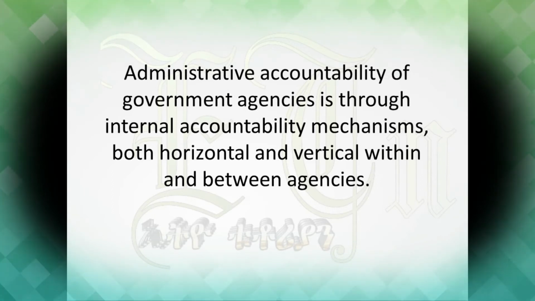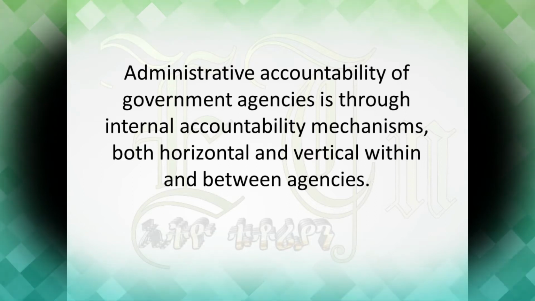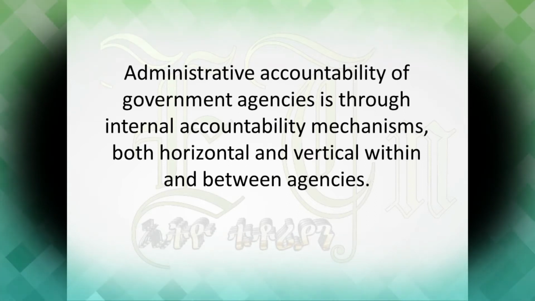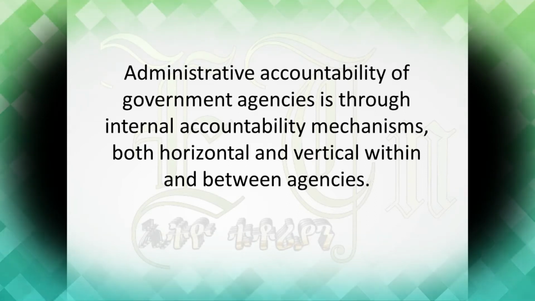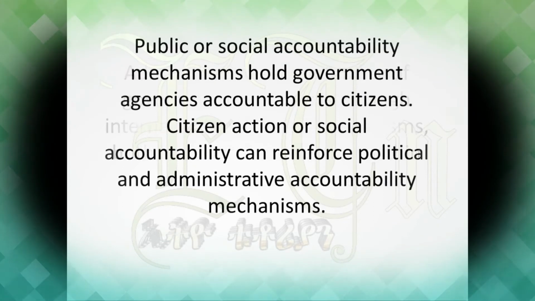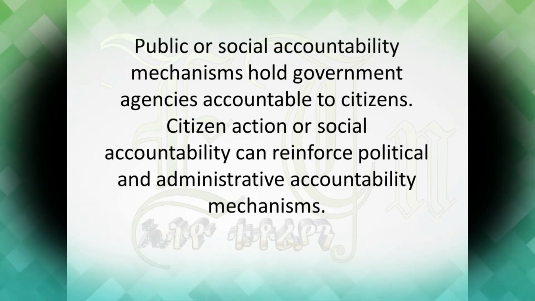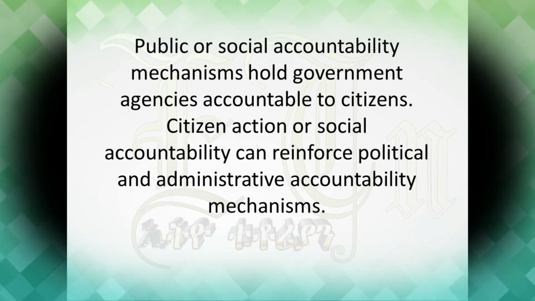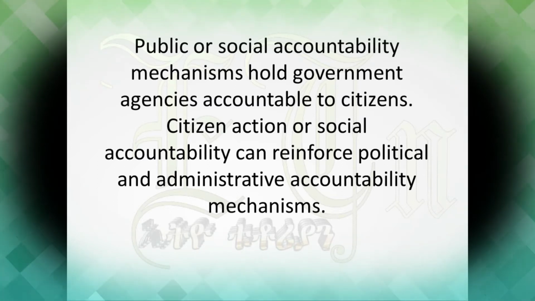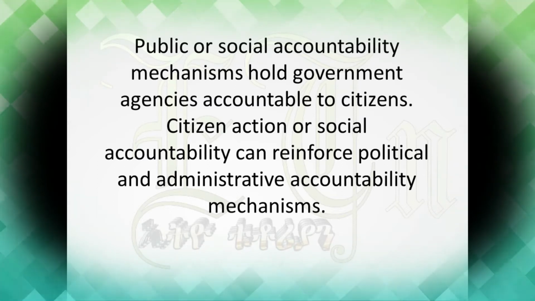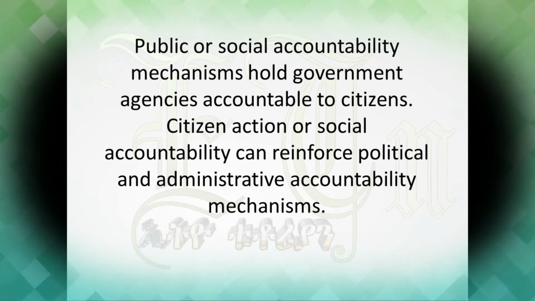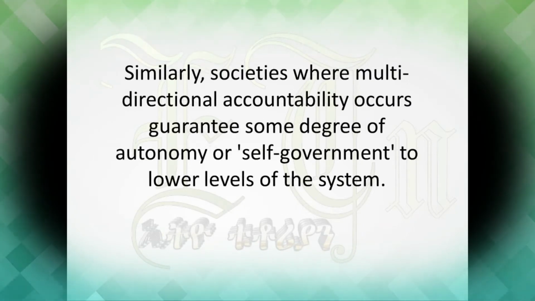Administrative accountability of government agencies is through internal accountability mechanisms, both horizontal and vertical within and between agencies. Public or social accountability mechanisms hold government agencies accountable to citizens. Citizen action or social accountability can reinforce political and administrative accountability mechanisms.